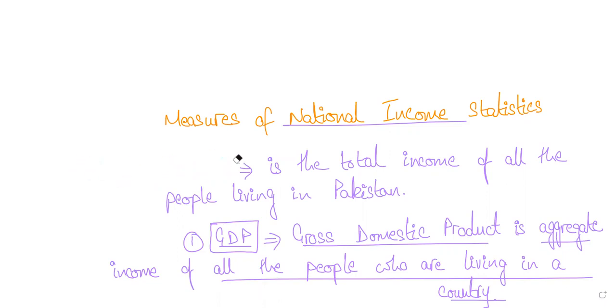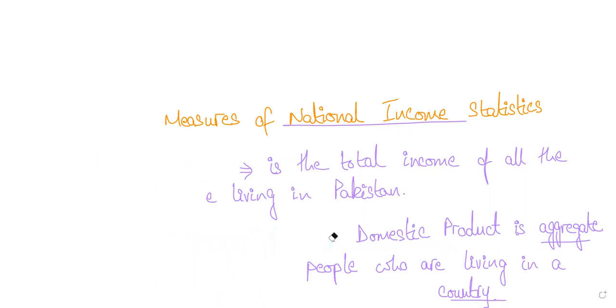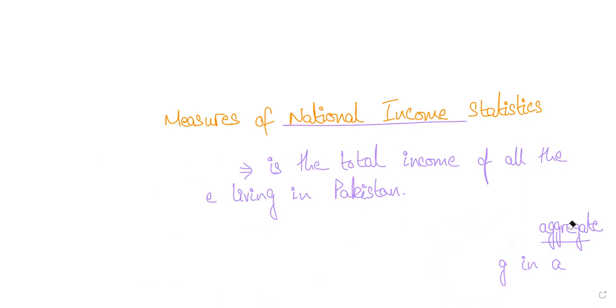Okay, now think about this. The other definition of GDP is the total value of all goods and services produced in a country. Now, you have to listen to me very, very carefully. Now, how are the two things equating? On one end, we said that GDP is the total value of all goods and services produced. And on the other hand, we are saying that it is national income.